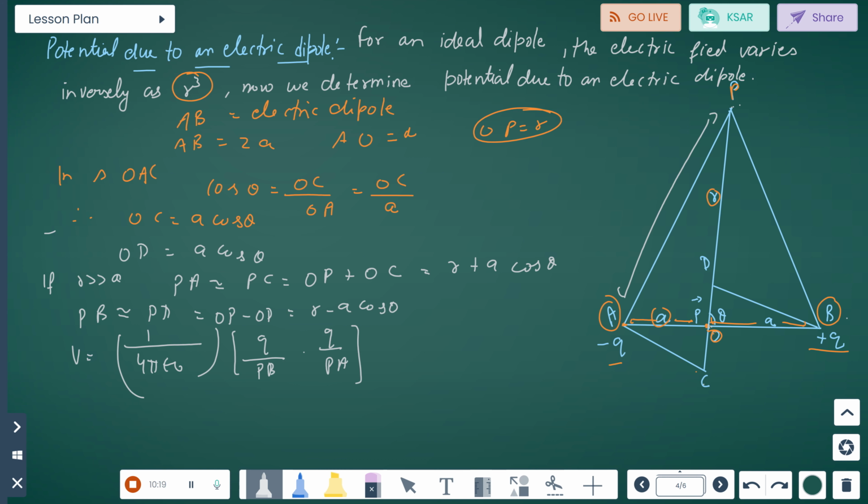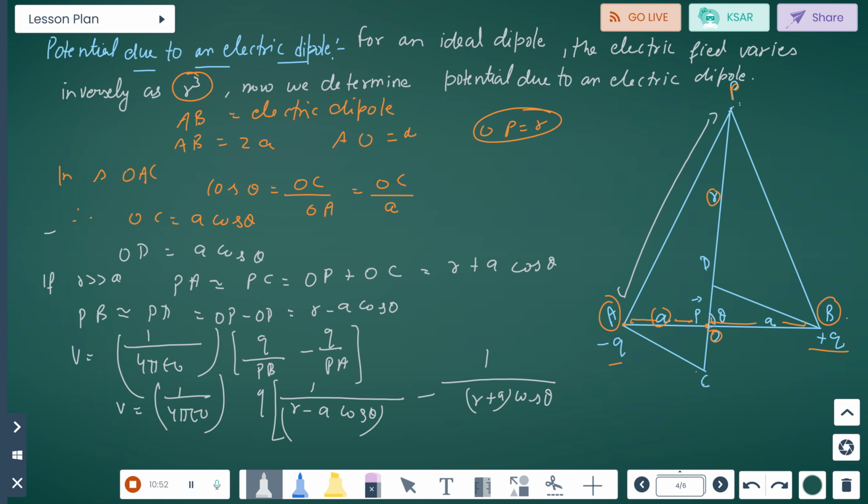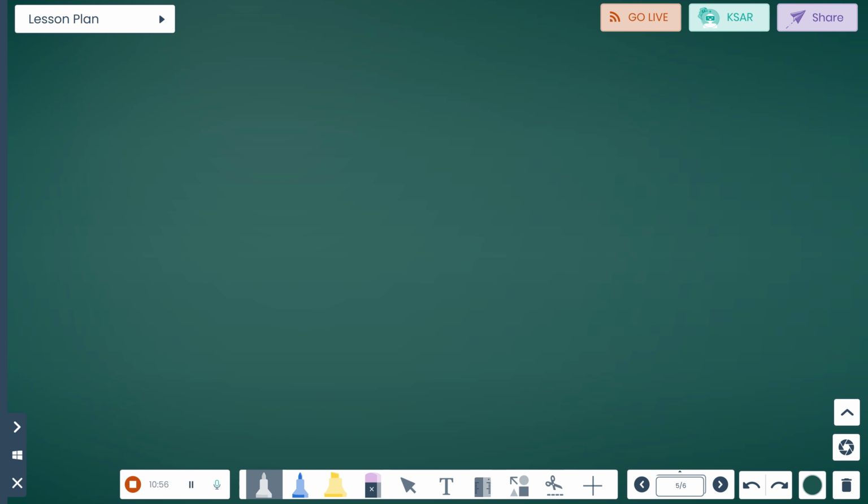Therefore, after putting the values, V equals 1 by 4 pi epsilon naught, taking Q common, 1 divided by R minus A cos theta minus 1 by R plus A cos theta, and after solving we have 1 by 4 pi epsilon naught 2A Q cos theta divided by R square minus A square cos square theta.